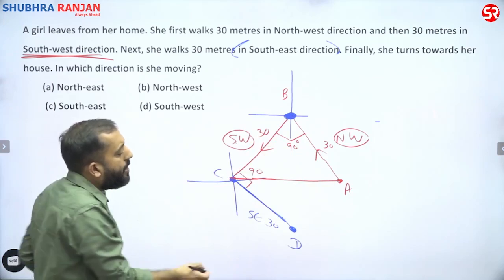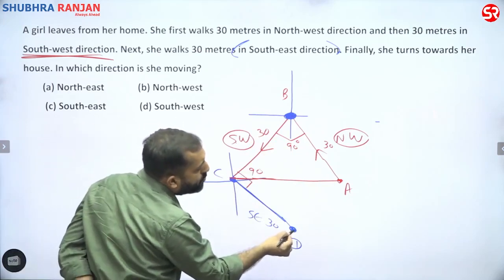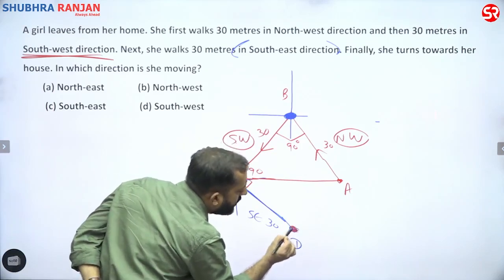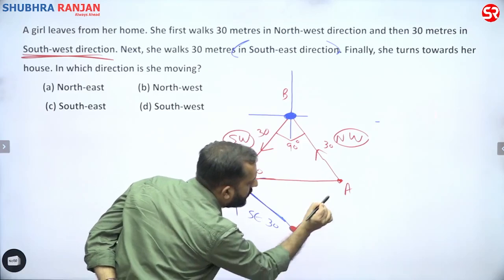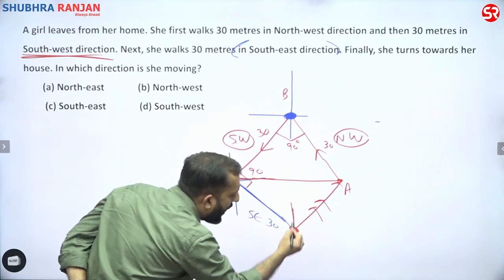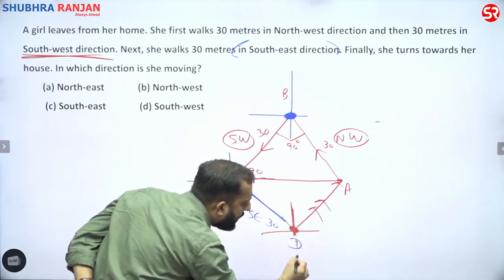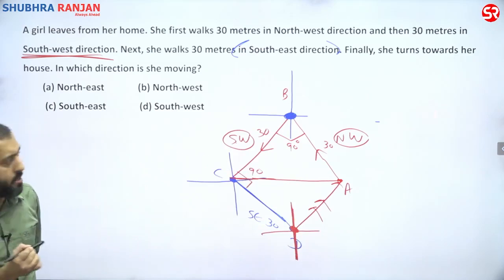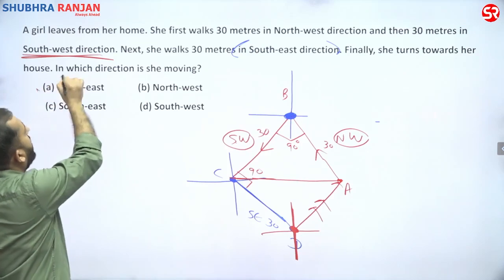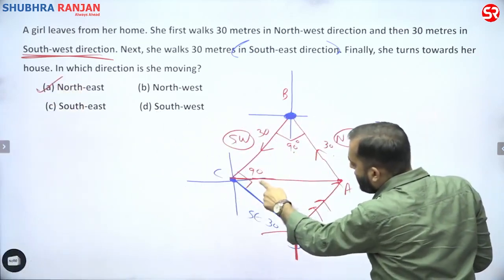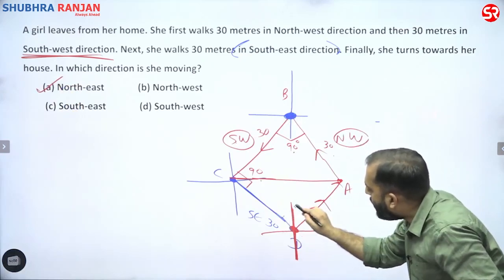It is there because of the symmetry of this particular shape. And finally, from point D, if she wants to go back to her initial point again, so from D, she is going like this. So with respect to point D, in which direction is that lady moving now? Northeast. So the answer has to be option A. Now this was 30, this is 90, this is 90, so this has to be 90 again.